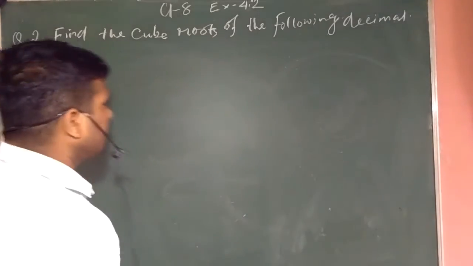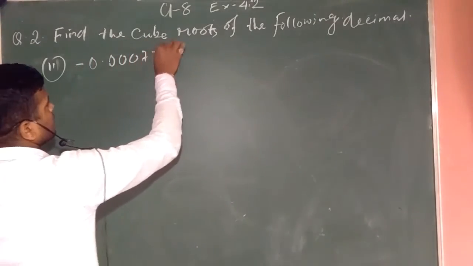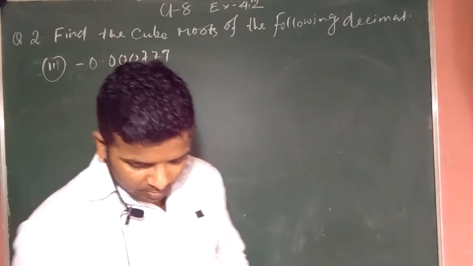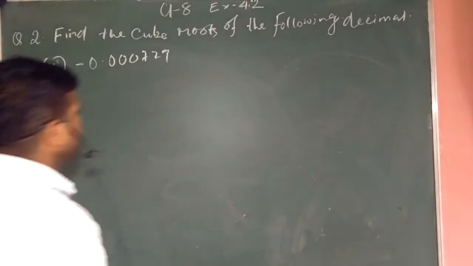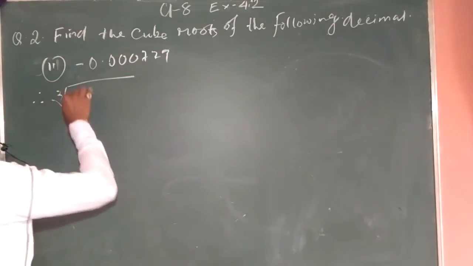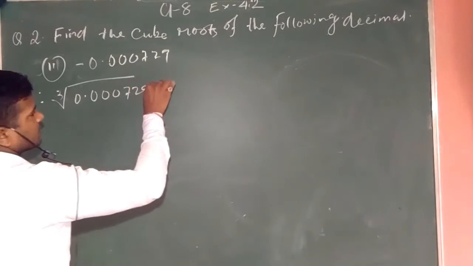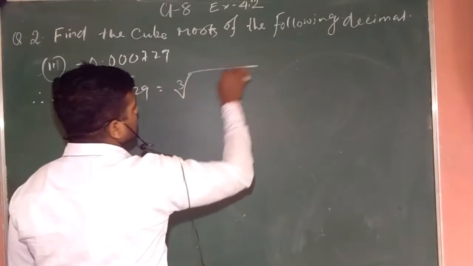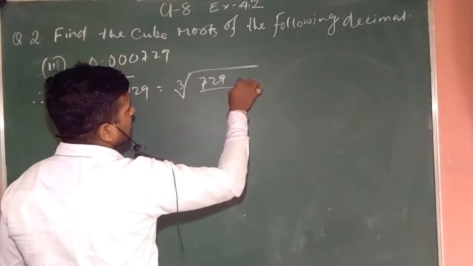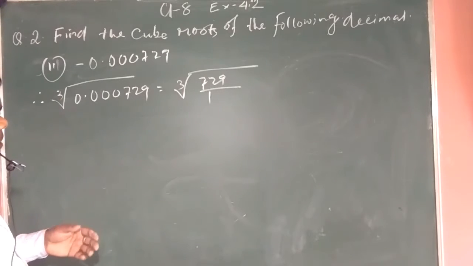Let us do Roman number 2, which is minus 0.000729. Therefore cube root of 0.000729 is equal to the cube root of 729 by 1 followed by the decimal places.